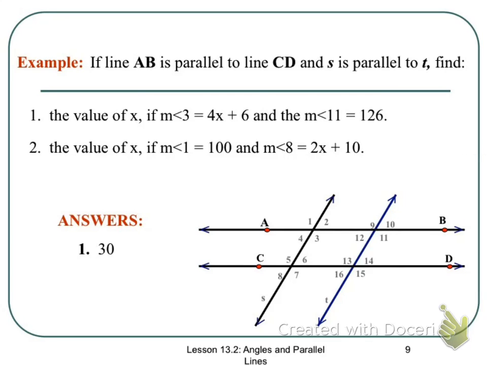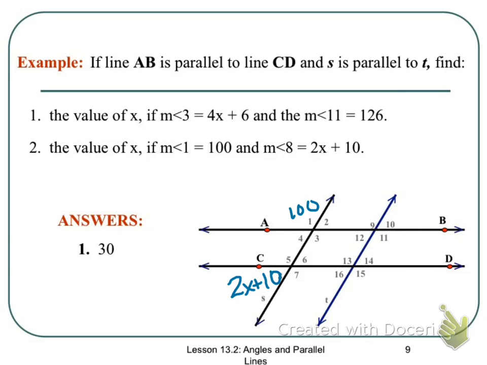What is the value of x if the measure of angle 1 is 100 and the measure of angle 8 is 2x plus 10? We need to know the relationship between 1 and 8. Well, let's first talk about the relationship between 1 and 8. They are opposite. They're on the exterior, right? Are they equal to each other in this case? No, they're not. We call them consecutive, so they are supplementary.